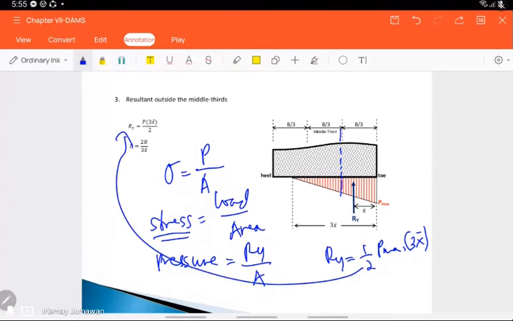That is how the formula is derived. You have to take note that the soil pressure distribution has a length of 3 times x, times the location, bar x. So 3 times the location of the Ry.